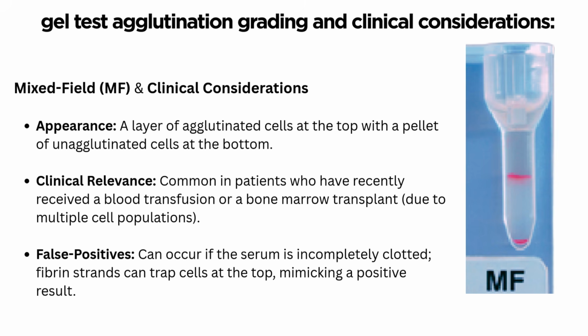With a mixed field reaction, you'll notice a layer of agglutinated cells at the top of the gel and a distinct pellet of unagglutinated cells at the bottom. So, this pattern indicates the presence of multiple populations of cells. It's not just one, there's a multiplicity of the cellular population coming from the patient.